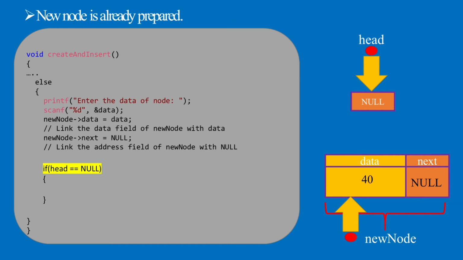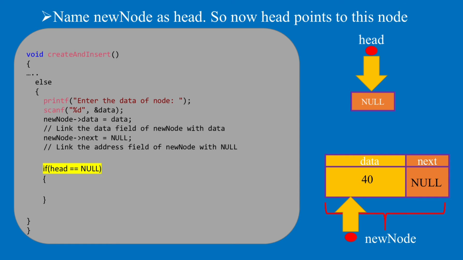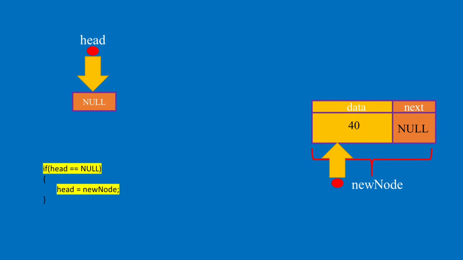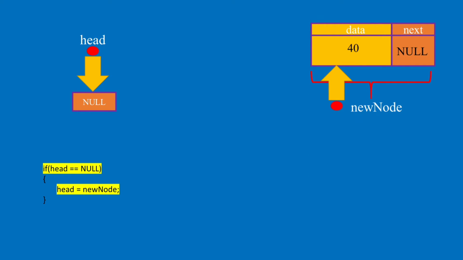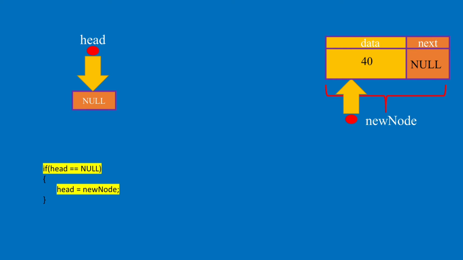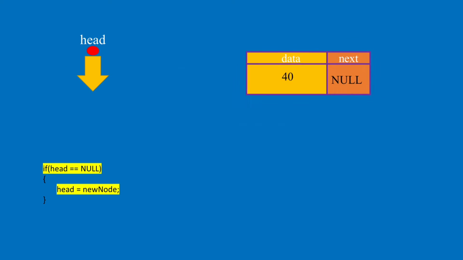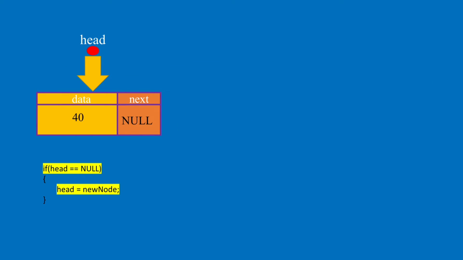As the list is empty, head is pointing to null. Name new node as head. So, now head points to this node, and this node will be the first node in the linked list. For that, programmatically add the line head equals new node. So, now it can be represented like this.